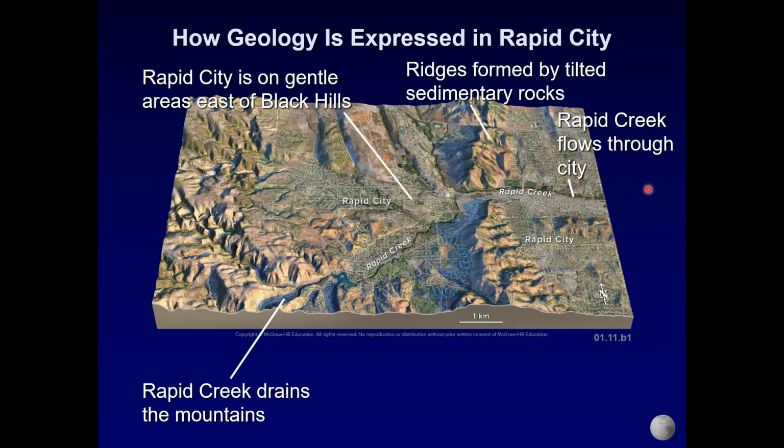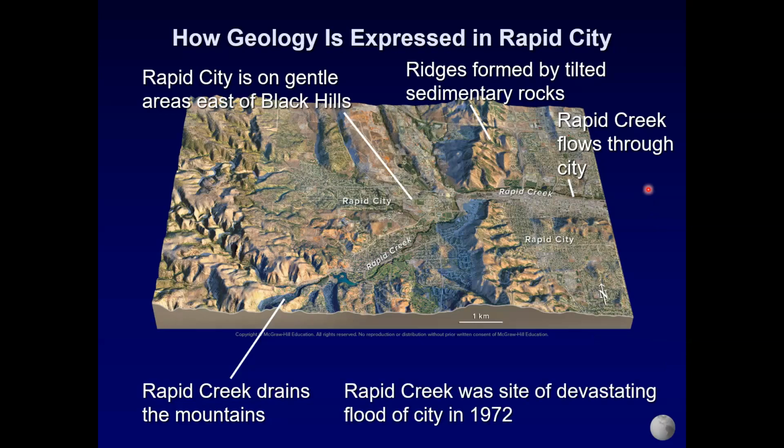And then a small dam was installed along the creek that failed, I believe, catastrophically in 1972. The point is here that all these different geologic features control how we interact with the landscape. And we'll stop there for today.